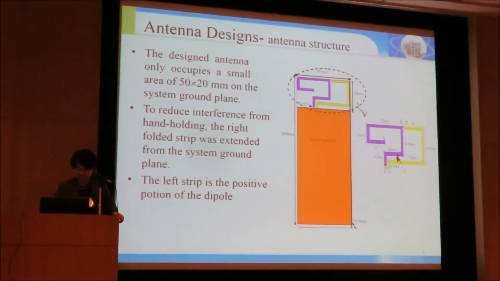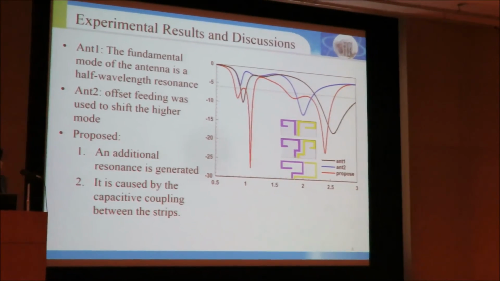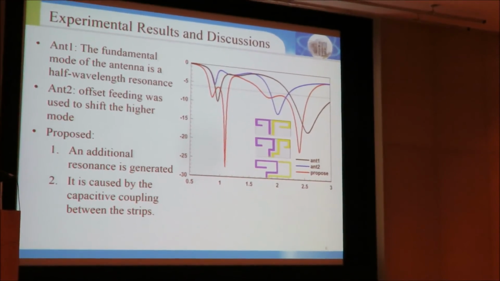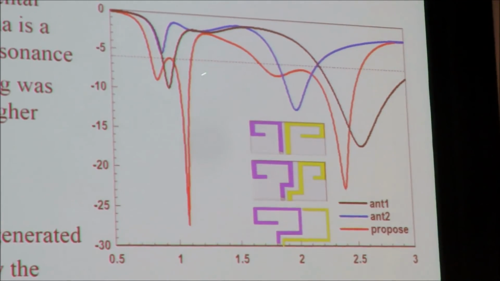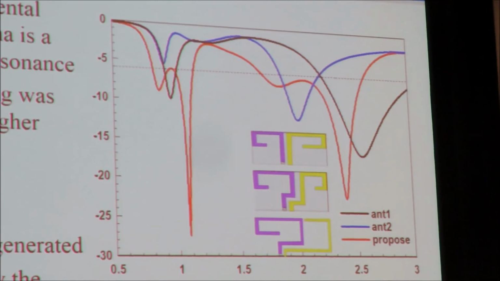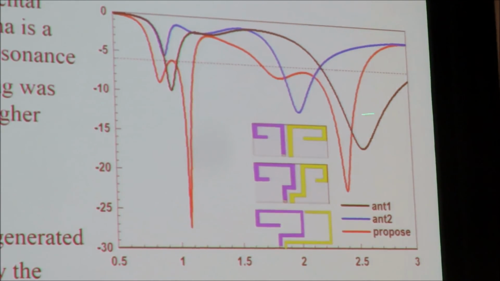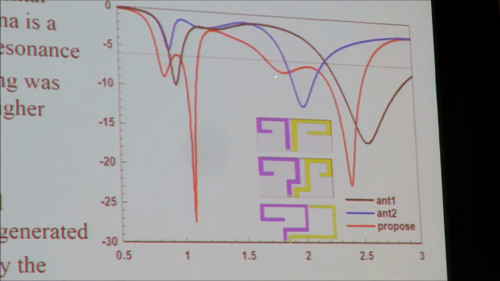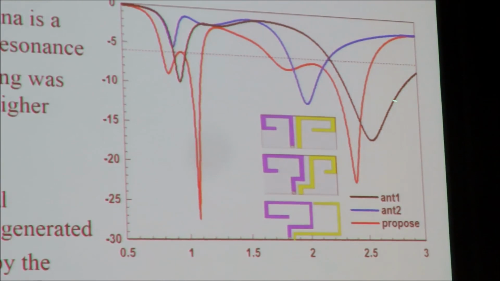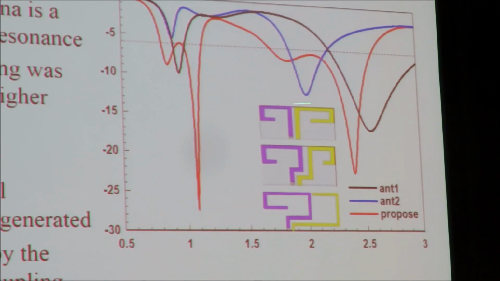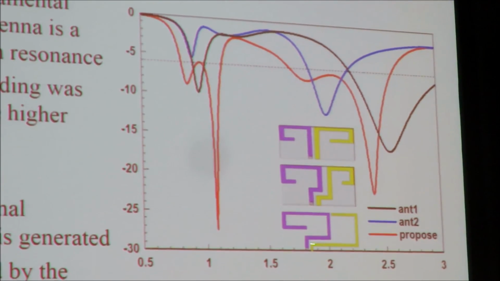Maybe I show the next one here. We say 1, 2, 3, 4 again. The second is the fundamental mode of the dipole, here is the second harmonic, and here is the third harmonic. And this one is an additional mode from here, I think.